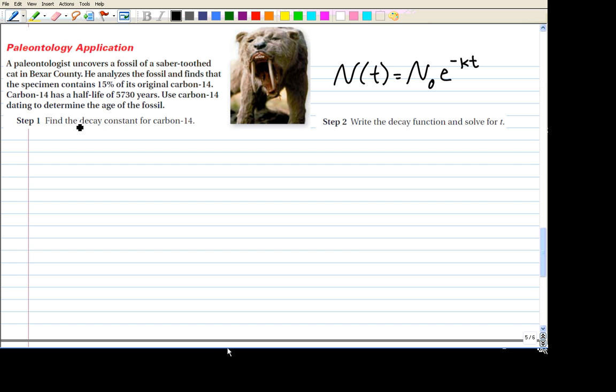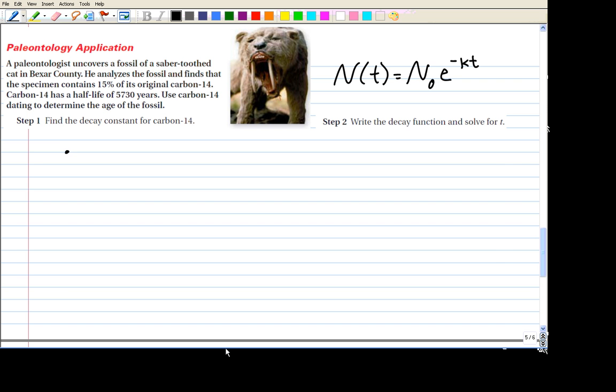So, whenever you are looking for the decay constant and you are given the half-life, this part is a little strange to think about, but don't overstress it here. We'll compare what we used to have, the 100%, to what we have now, which is 50%, or half. Since we're looking at half-life, we're looking at how long it takes to get to half of what we used to have.